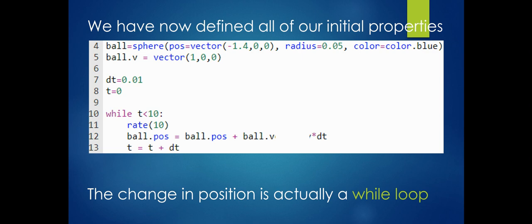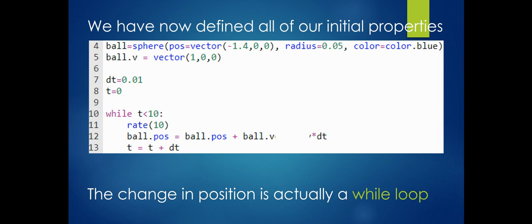The position of the ball is going to be updated as the position of the ball currently plus ball.v times dt. So ball.pos equals ball.pos plus ball.v times dt.